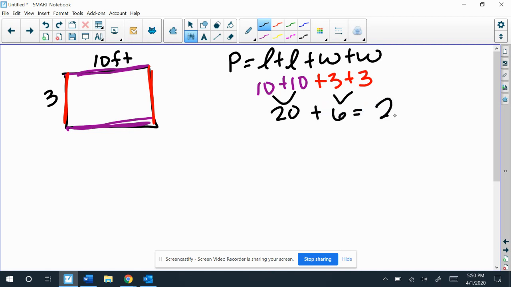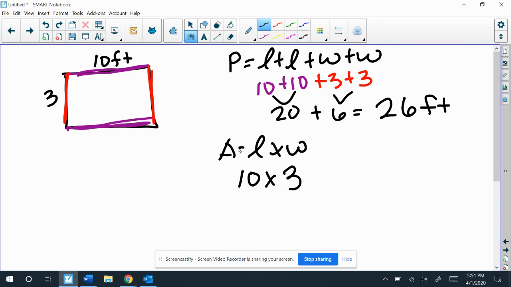Add those up, and I get 26 feet. Now my area is length times width, base times height. So 10 times 3. Well, 10 times 3 is 30. So my area is 30 feet squared.